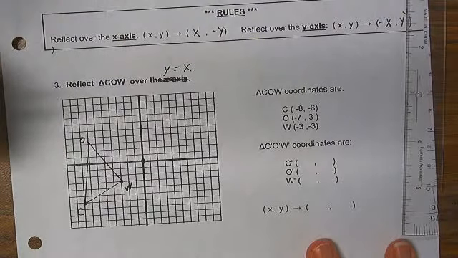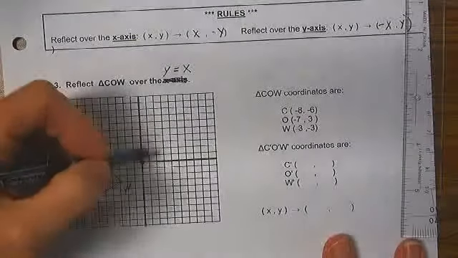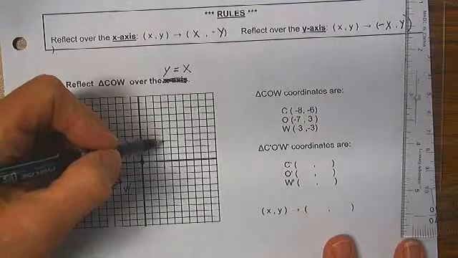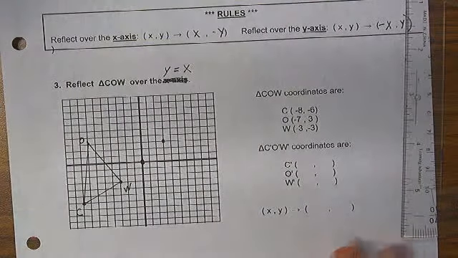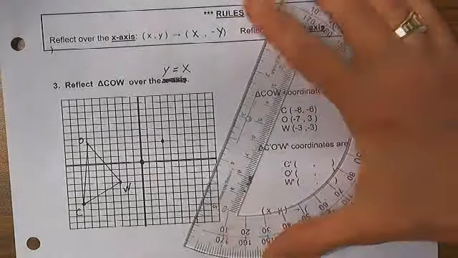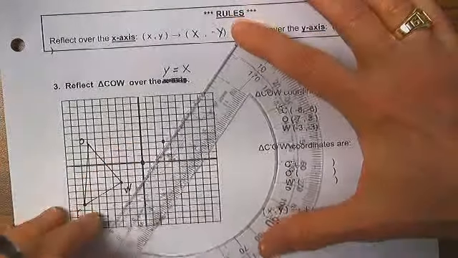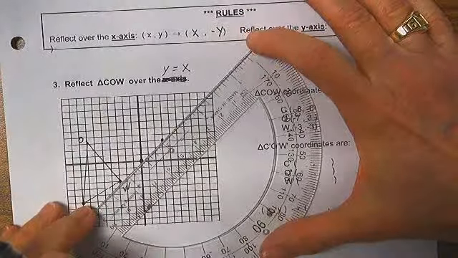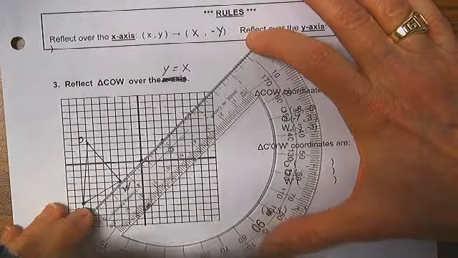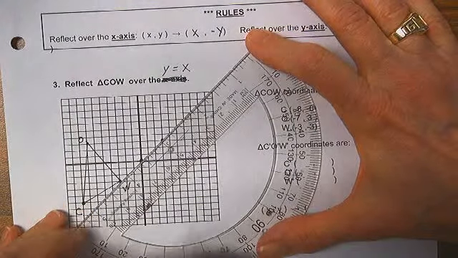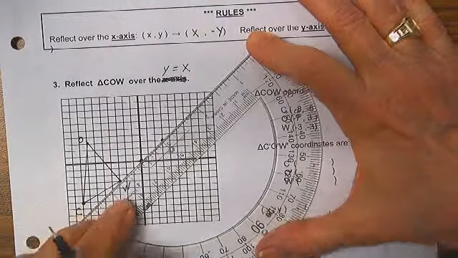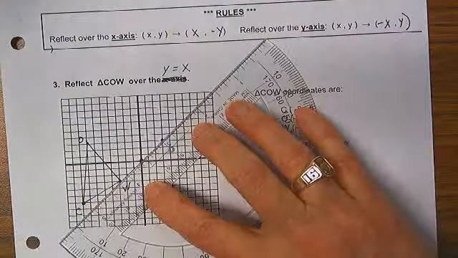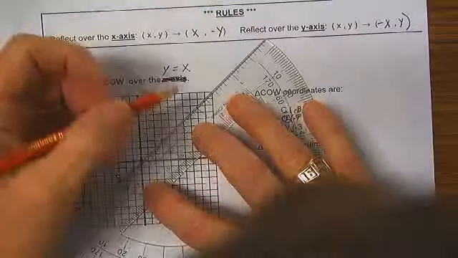If x is +3, then y is +3. 2 points make a line. So now, here is my graph y equals x.